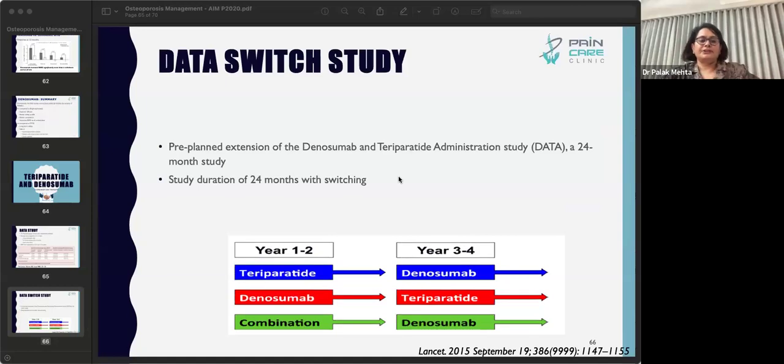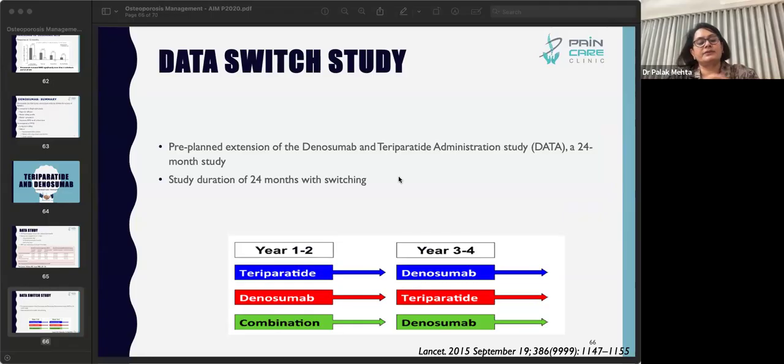A pre-planned extension study of denosumab and teriparatide administration, with a duration of 24 months with switching. Year 1 and 2 teriparatide, and then year 3 and 4 continued with denosumab; or initially years 1 and 2 denosumab and then teriparatide. Basically for year 1 and 2, for 6 months you can give teriparatide, then denosumab.